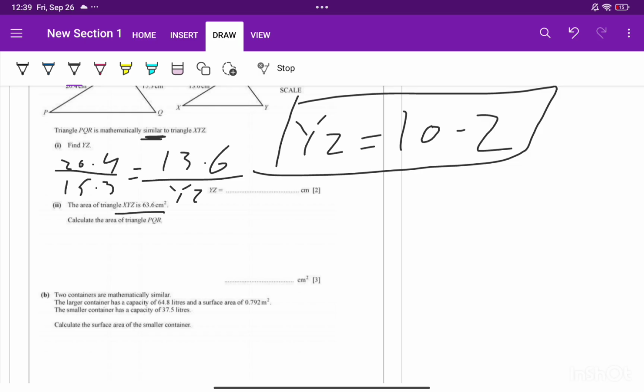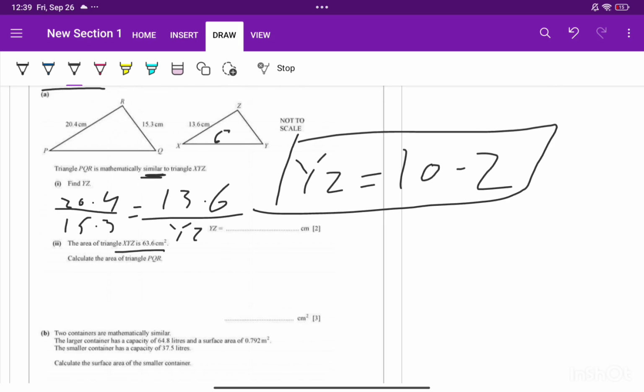Area of triangle XYZ is 63.6. Calculate the area for triangle PQR. Okay, so for area we use the cube root of 63.6 divided by, we will take these sides PR and XZ, as we are doing this because these triangles are similar.